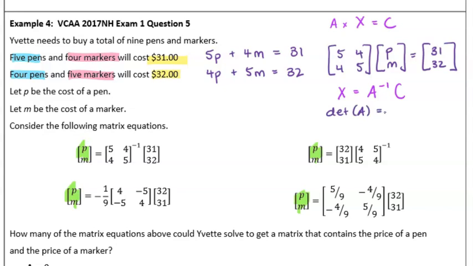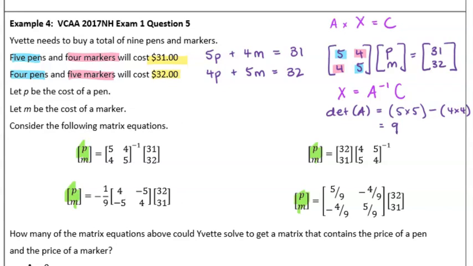So let's just find firstly our determinant of A. And so remember, your determinant is always the values of A and D multiplied minus B and C. So we're going to do 5 times 5, take away 4 times 4. And so what have we got? 20 take 16. Sorry, 25 take 16. So our determinant is 9.